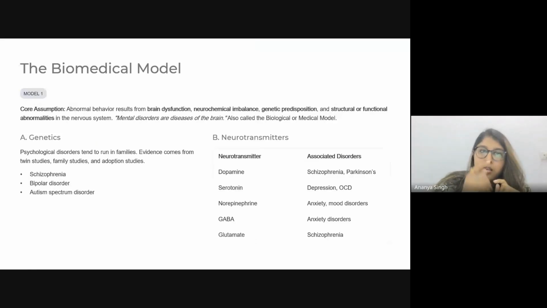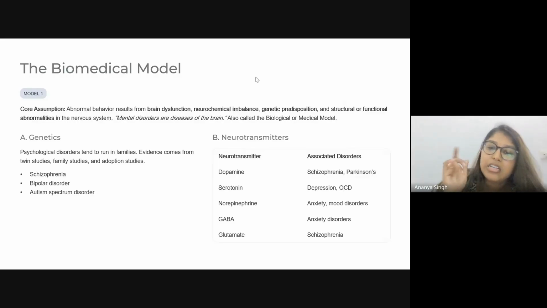First one, the biomedical model. The core assumption is that abnormal behavior comes from brain dysfunction. Some part of the brain is not functioning properly, right? There are structural or functional abnormalities. By functional abnormality, what we mean is some neurotransmitter is not functioning right.